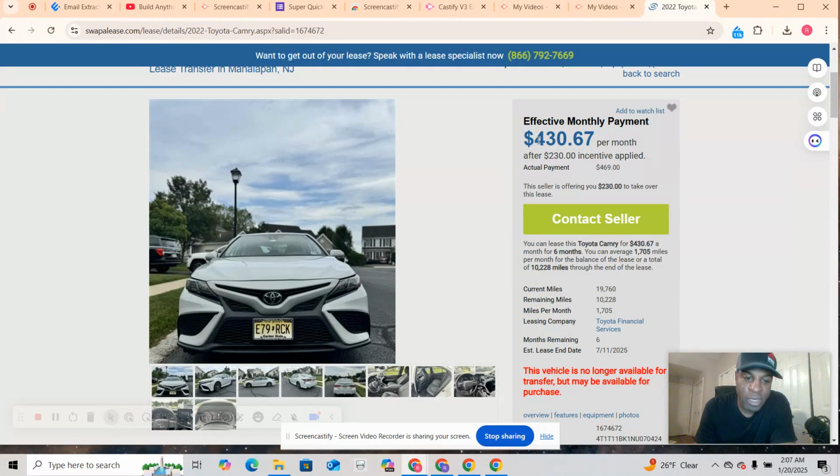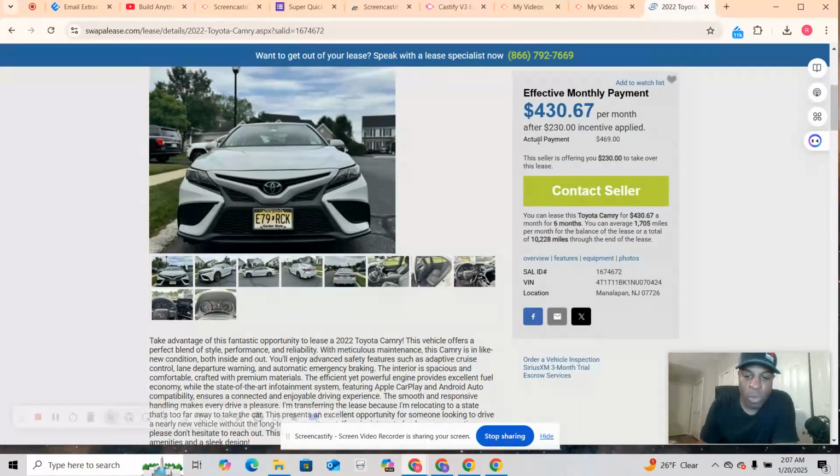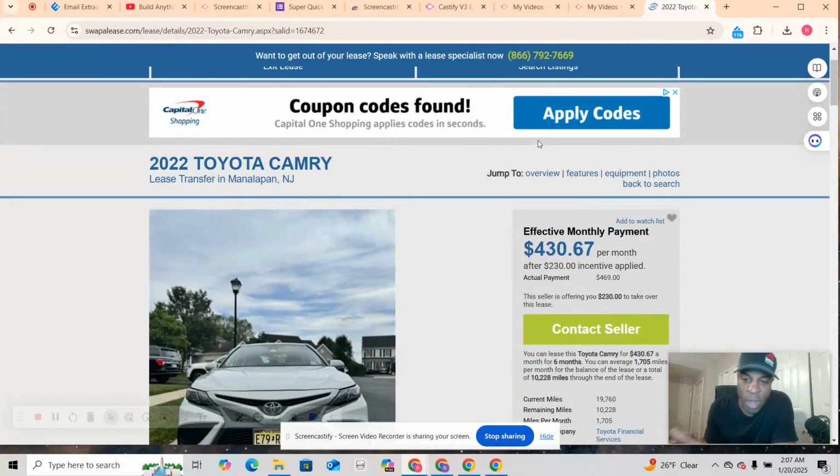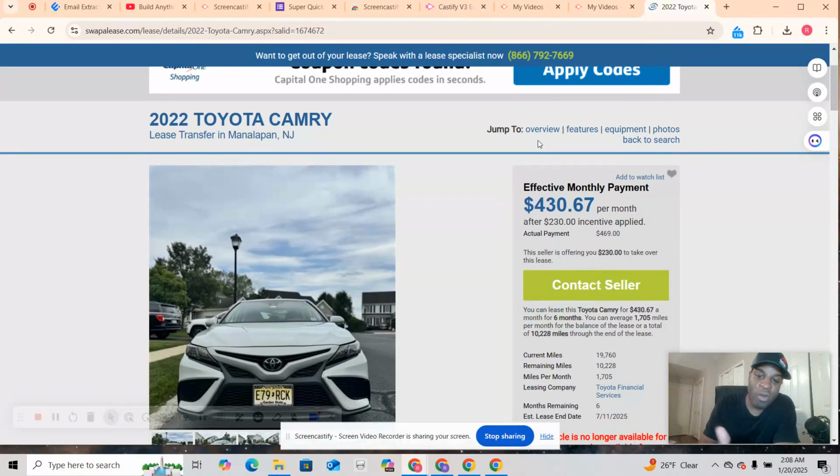You'll have an auto trade line reporting on your credit. Now, where the car is, you will have that car in your possession. So who knows what you can do with it. You can park the car, you can drive the car, but you're going to have a paid off auto lease on your credit by the time you take it over and the 6 months happen.